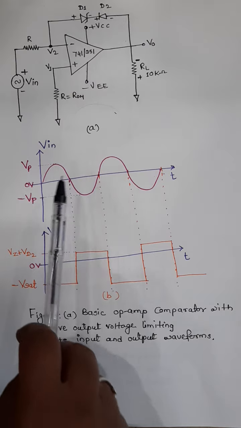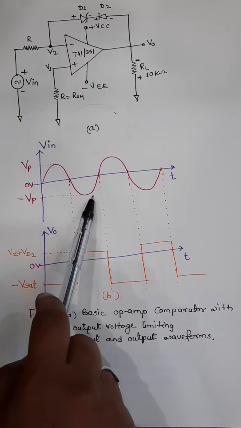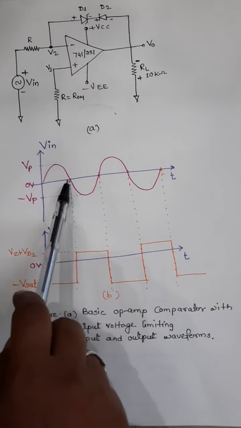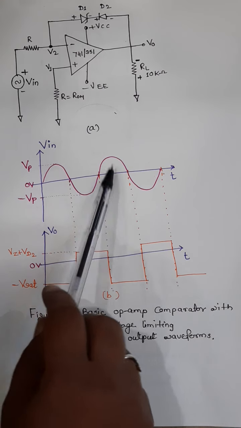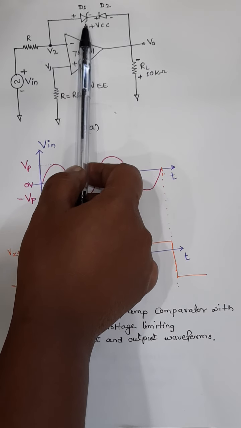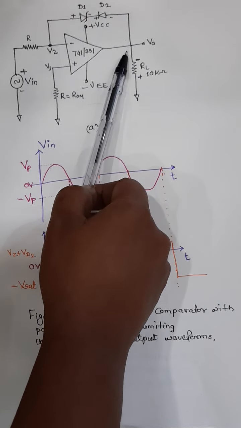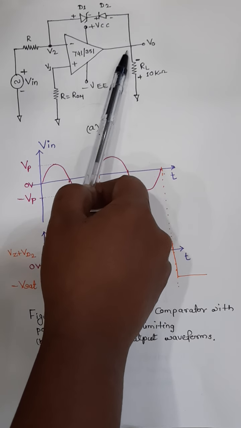Now consider that the input crosses this zero and increases in the negative direction. As input increases in the negative direction, what happens? Diode D1 is in reverse bias. Input goes to the inverting input terminal and there is a 180-degree phase shift. So the output is positive.